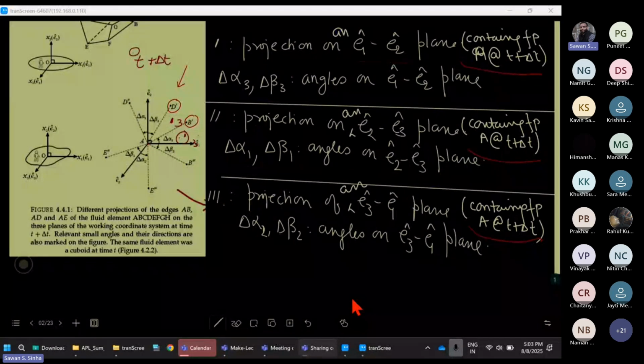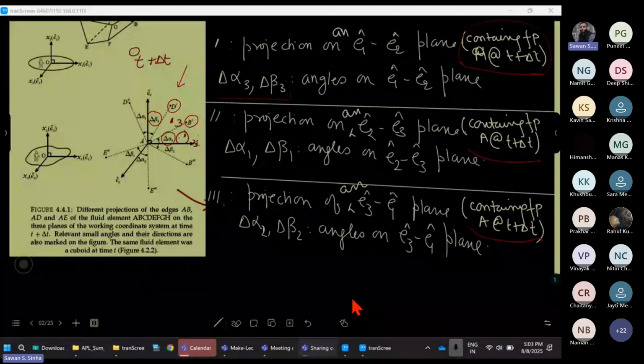at time t plus delta t. This is the phrase I have added. The same slide I showed earlier in the morning, but I have added this phrase to make it clear. And on that plane, I have two angles, delta alpha 3 and delta beta 3.